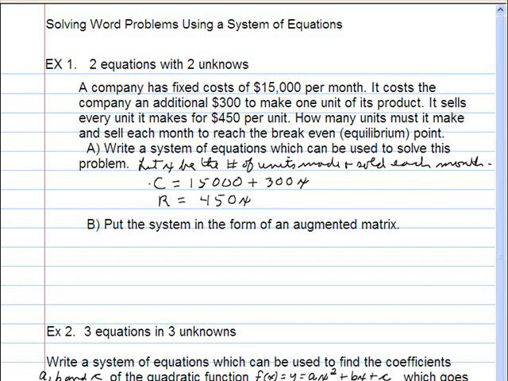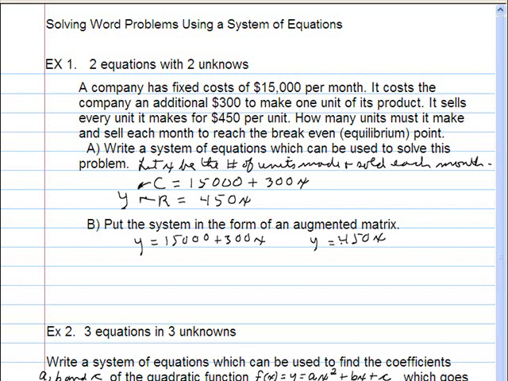So I could just rename the cost and rename the revenue Y, because they're both the same thing. Then my system would read Y equals 15,000 plus 300X, and Y equals 450X.